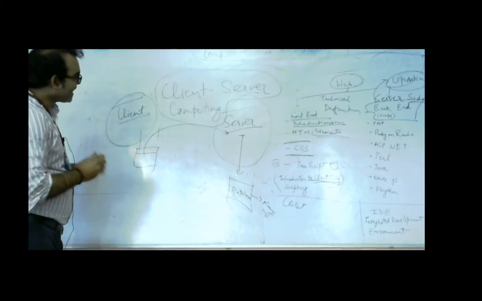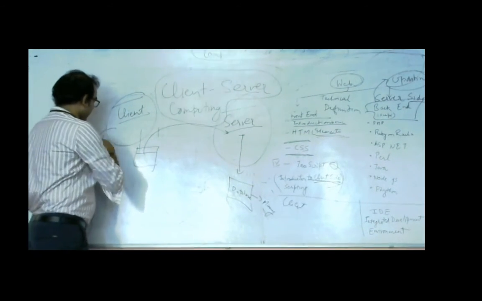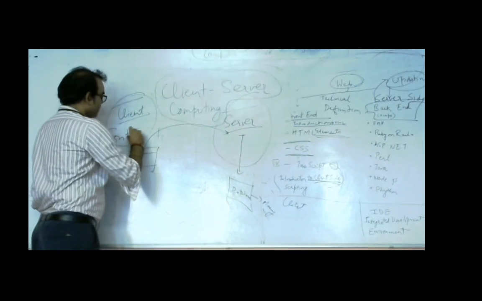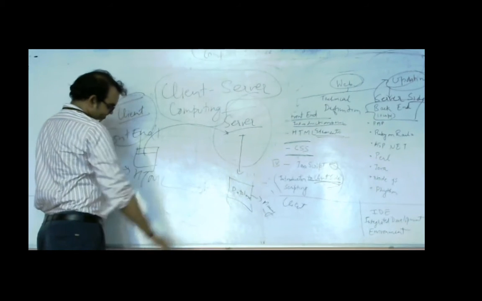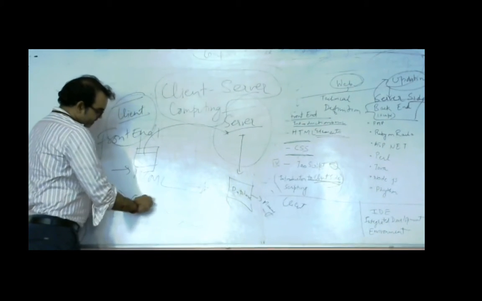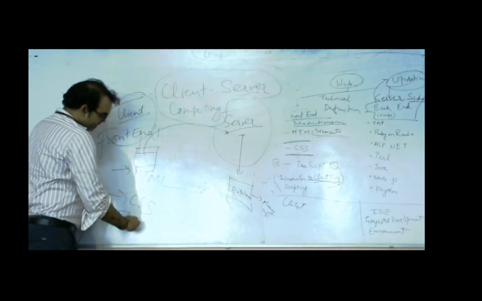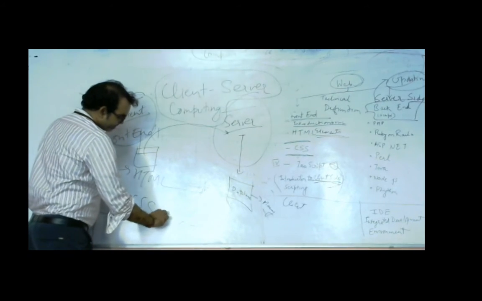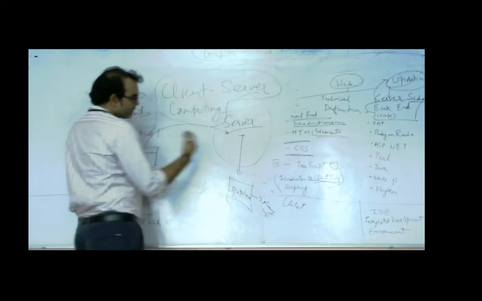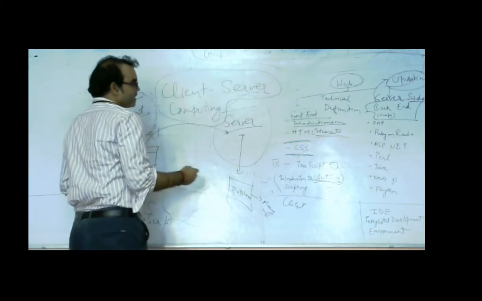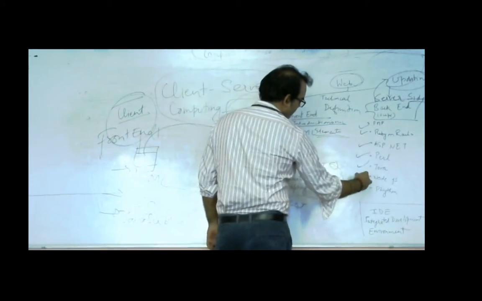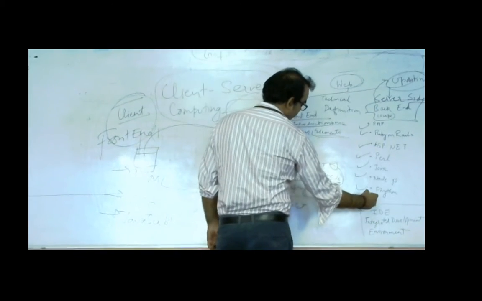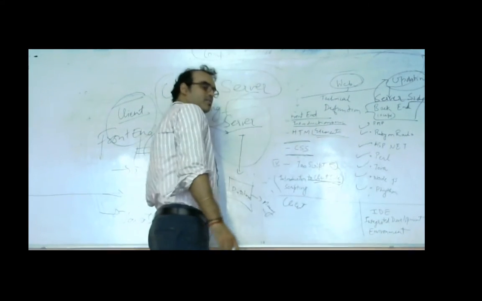Now, at the client end or at the front end, we have our technologies like HTML, CSS, JavaScript. At the server side, we have our technologies like PHP, Ruby on Rails, ASP.NET, Perl, Java, Node.js, many things, EJB, Java Beans.